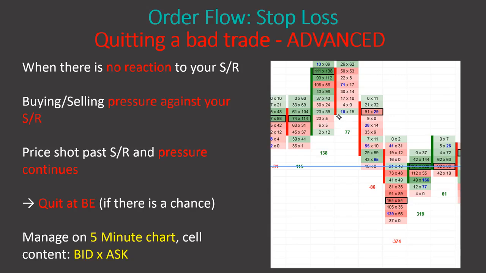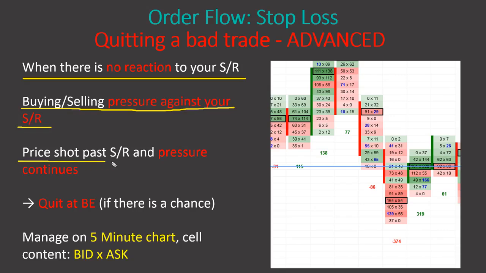So when do you want to quit a bad trade? When there's no reaction to your trading level, no reaction at all, the price just shoots past it, there is a pressure which goes against your level, buying or selling pressure, and the price shoots past your level and the pressure continues. So if you look at the picture, price goes downwards.